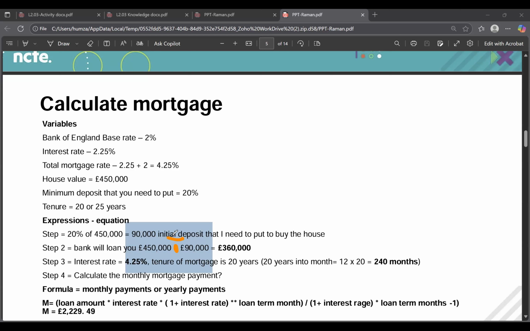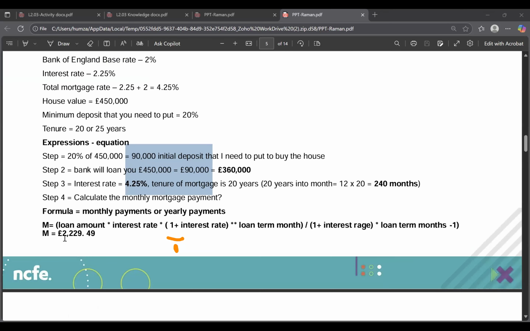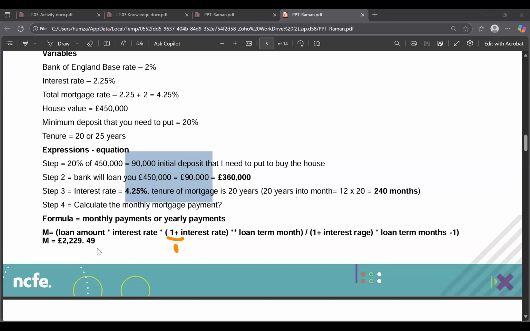So calculate the monthly mortgage payment. Now, the interest rate is 4.25%, like we said. So mortgage equals loan amount times interest rate times 1 plus interest rate. How you work this out, we need a calculator here as well, so let me open the calculator up.